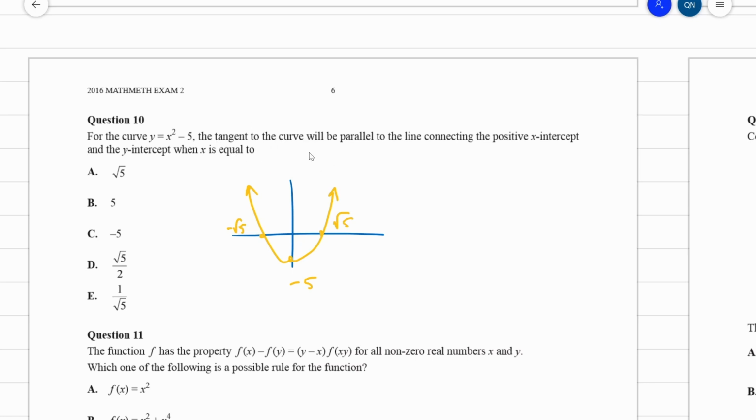The tangent to the curve will be parallel to the line connecting the positive x-intercept and the y-intercept. So what exactly is the line connecting those 2 points? It's right over here. We're trying to find the x-coordinates where the tangent at that point matches the gradient of that line. So why not try to find the gradient of that line connecting those 2 points?